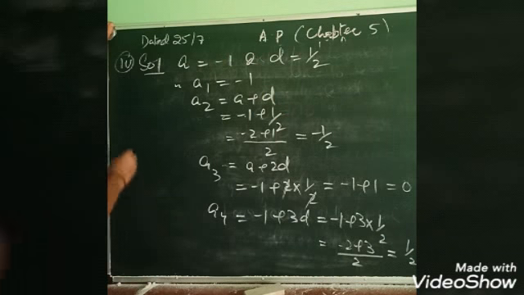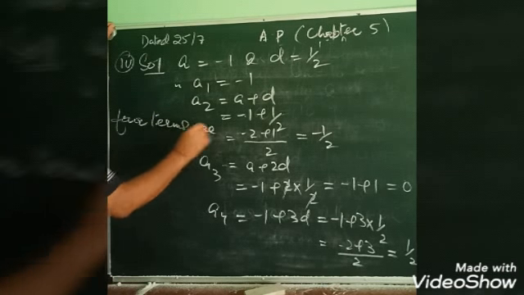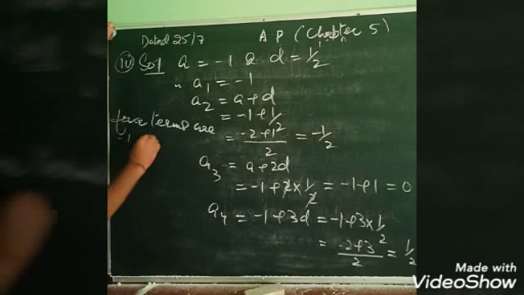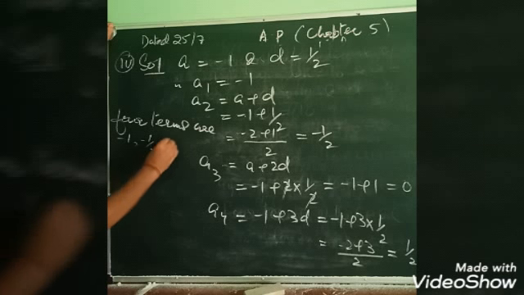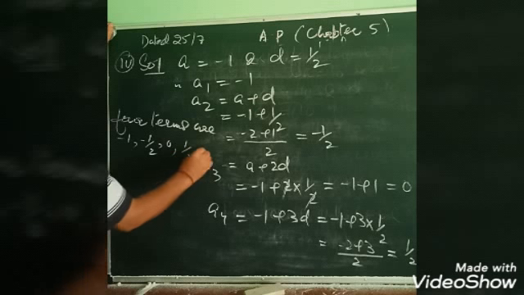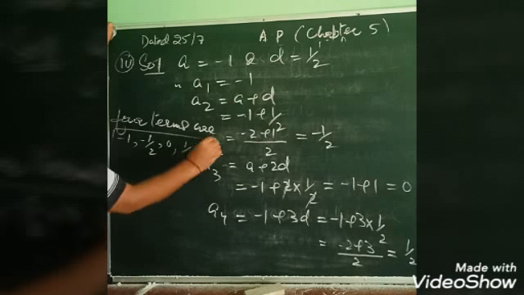Therefore the 4 terms are -1, -1 by 2, 0 and 1 by 2. These are the 4 terms of the AP.